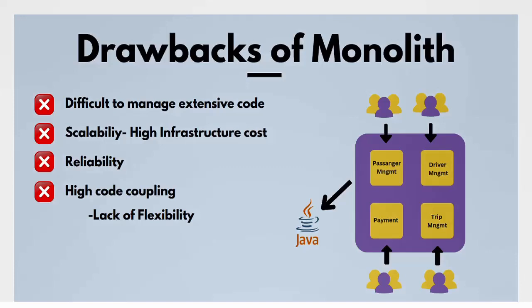Let's say our application is written in Java, and another module needs to be built named vehicle management and its team wants to write the code in Python. It is not possible because they are restrained by the language already used in the monolith.